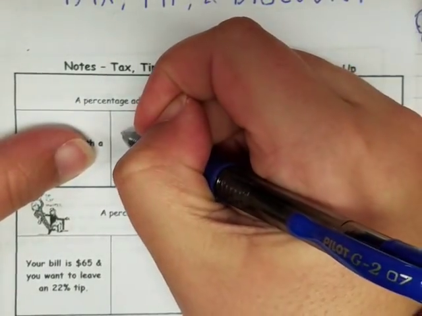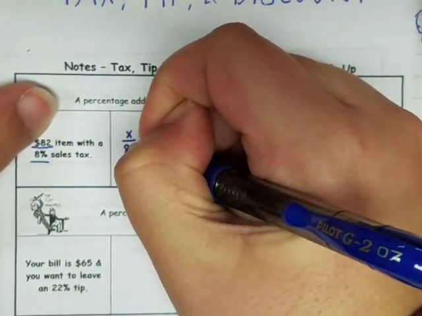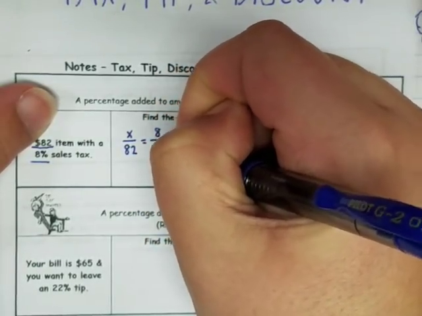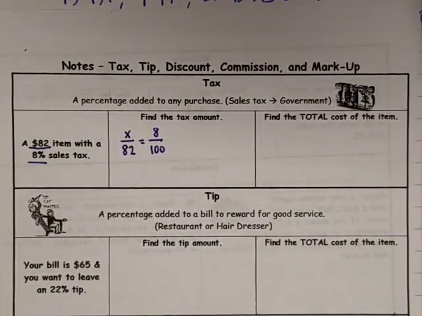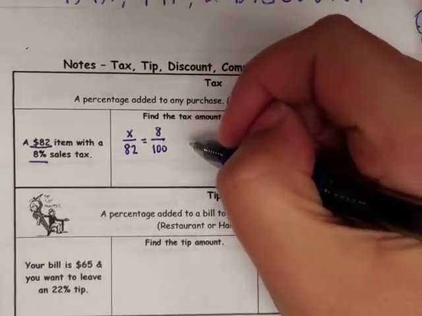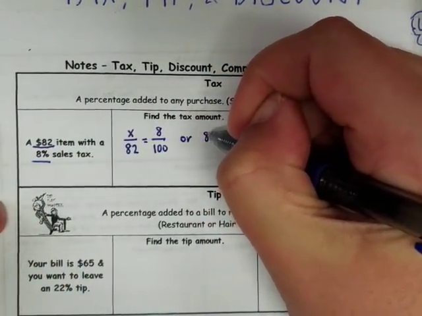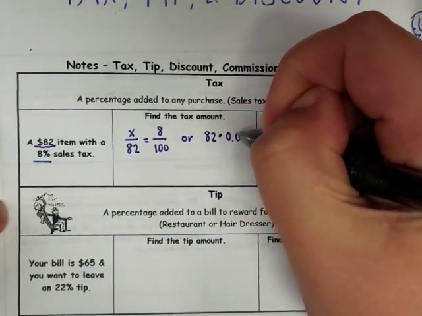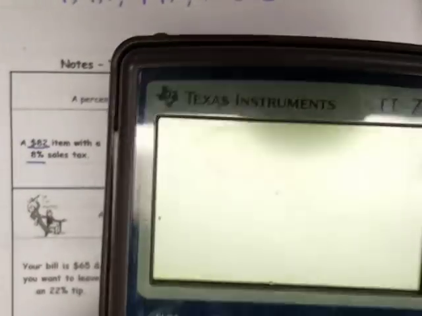So you could put x over 82 equals 8 out of 100, and then do your cross multiplication. Or you can take $82 and multiply times 0.08. Both of these ways will get you the same answer.